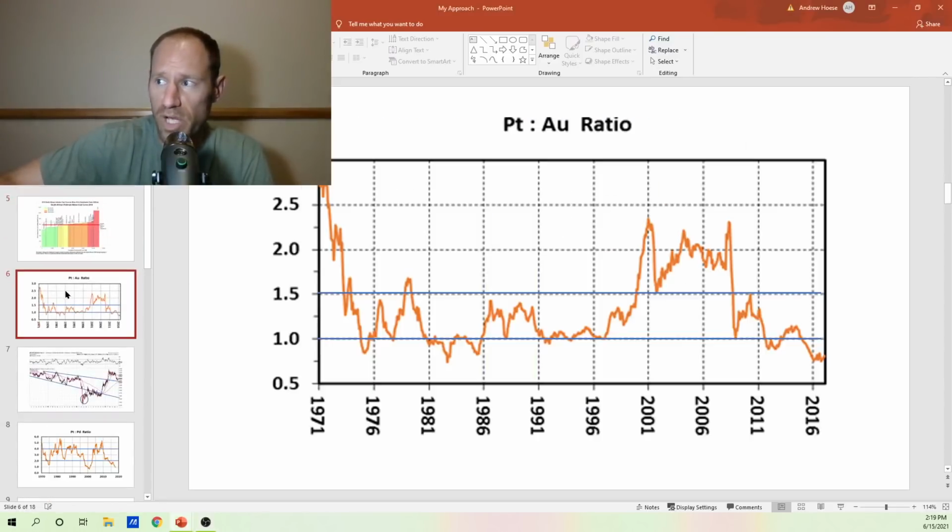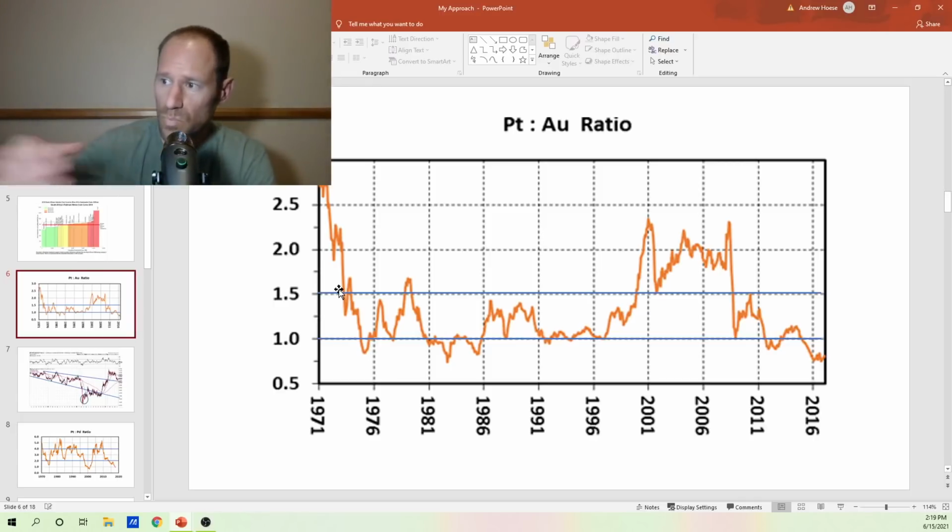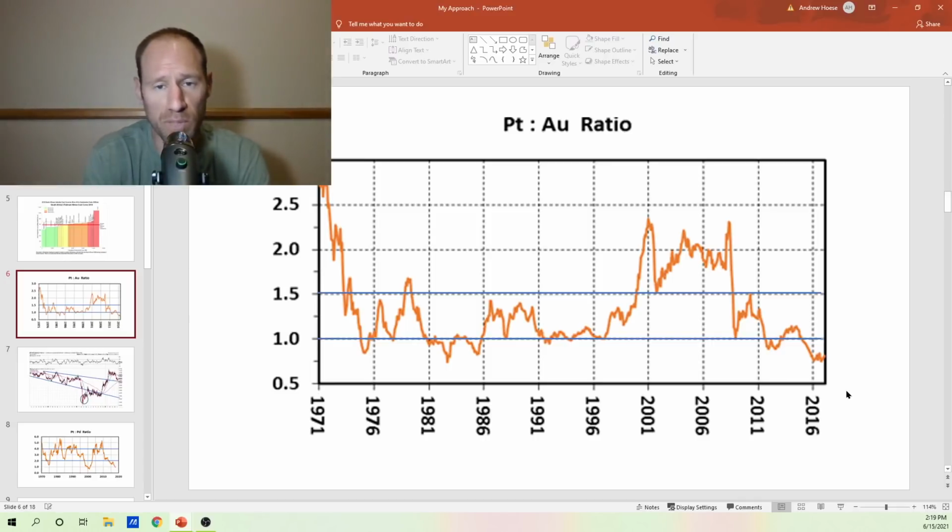The platinum to gold ratio usually historically trades between 1 and 1.5. Platinum usually trades at a premium to gold at about a 20-30% premium. We are at extremely low levels. We are at below 0.5 is where I was buying it. So the relationship between platinum and gold was at an anomaly in history.